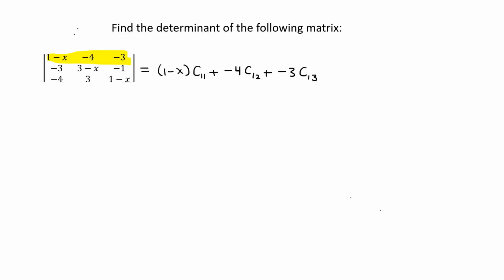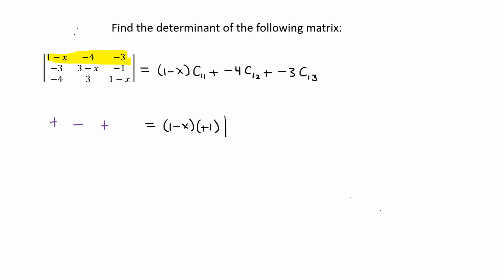Okay. And let's draw ourselves a checkerboard. We've got plus, minus, plus across our first row. Okay, so here we get 1 minus x times plus 1 from our checkerboard.